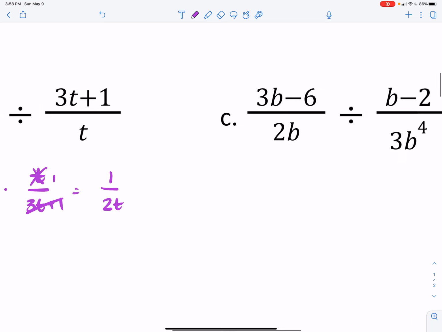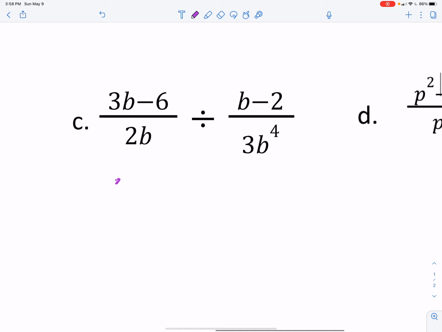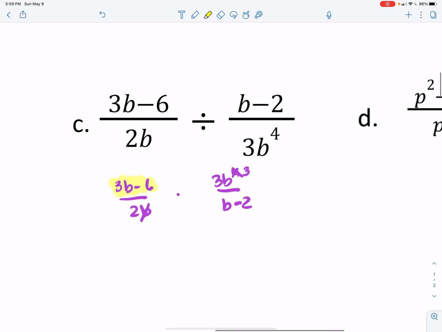Okay. Letter C, let's take a look here. 3b minus 6 over 2b multiplied by 3b to the 4th over b minus 2. I guess you could start off with this b, and this would be to the 3rd. There isn't anything you can cross simplify, but there is something you can factor. Let's take a look at 3b minus 6.